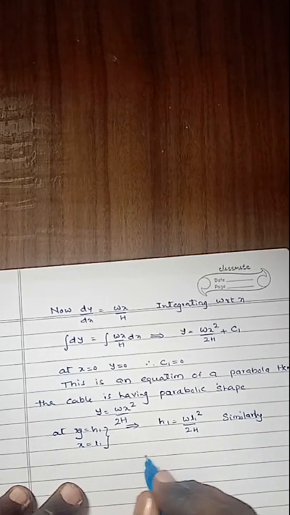Then H1 equals WL1 square divided by 2H. Similarly, H2 equals WL2 square divided by 2H.